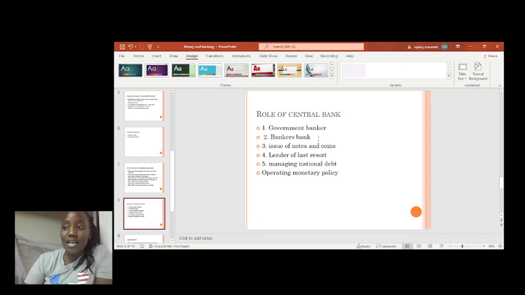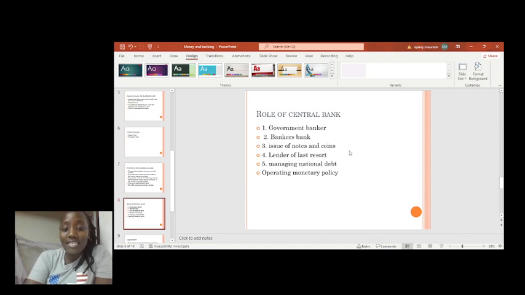So in short, they deposit their funds to the central bank instead of amongst themselves. And then we have issue of notes and coins. In most countries, the central bank has the sole power to issue and control notes and coins.